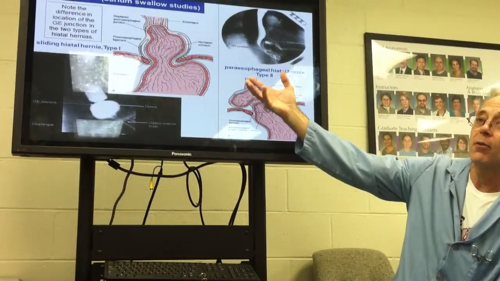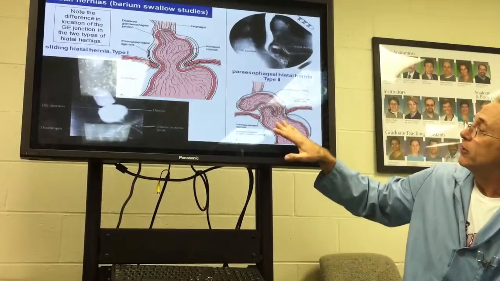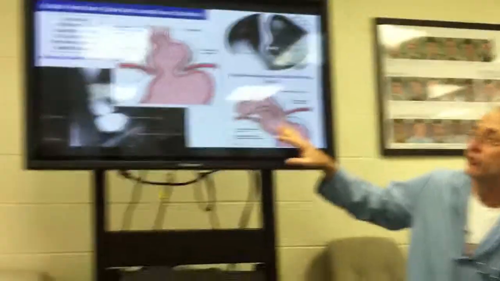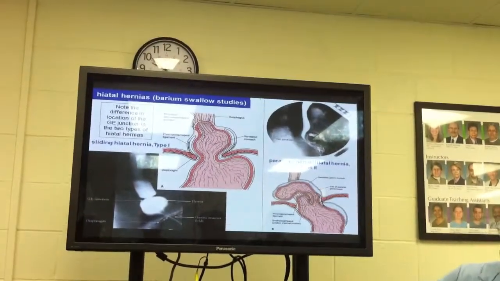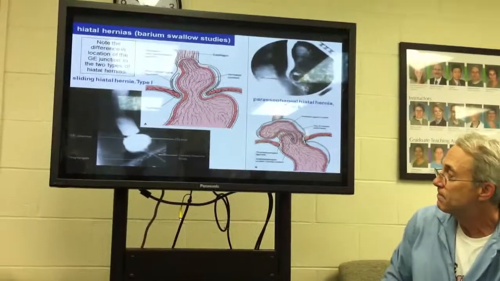So we've got two different types of hernias for the parts of the GI tract here. The stomach can herniate up into the thoracic cavity. So sliding, type 1, where you actually have the cardioesophageal junction herniating upwards, whereas it stays in place in the paraesophageal type, where you get the fundus part of the stomach actually herniating up into the thorax.